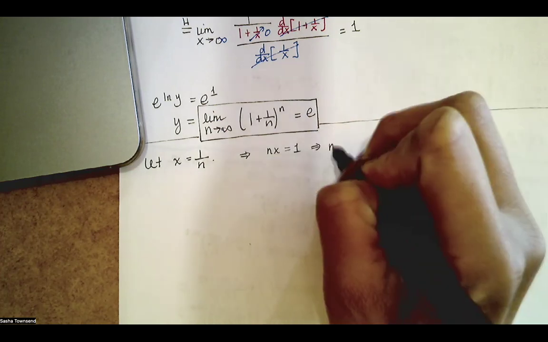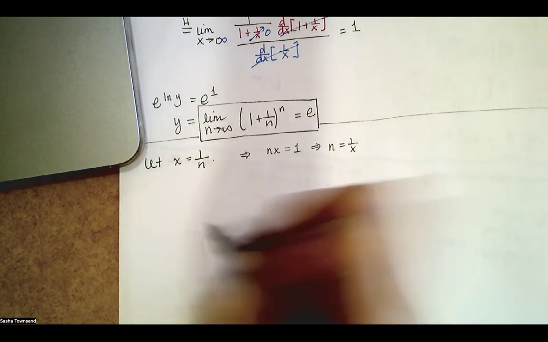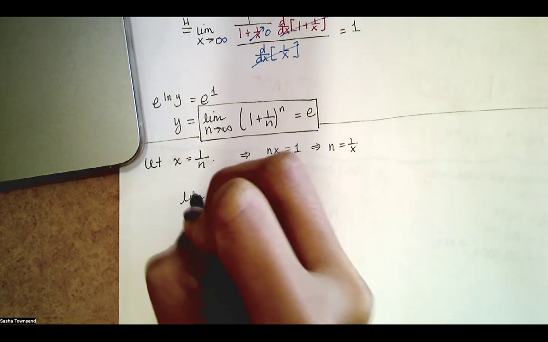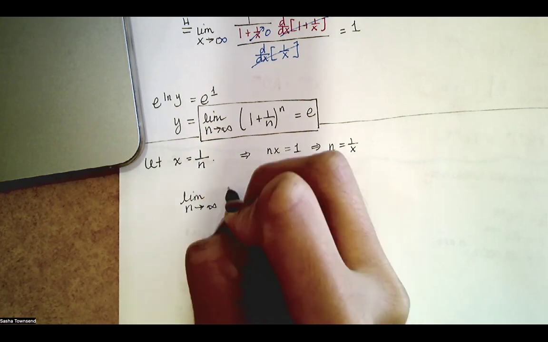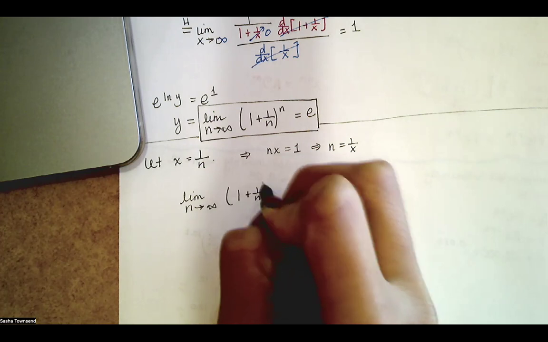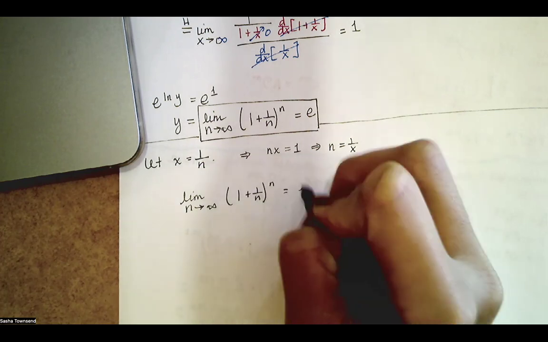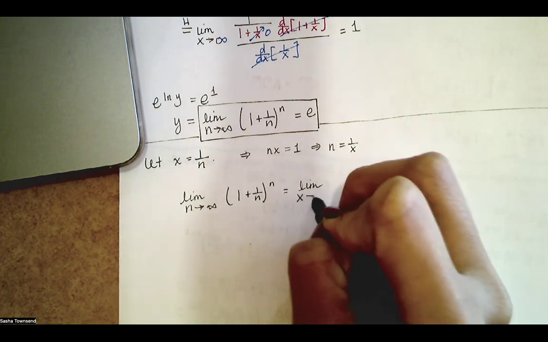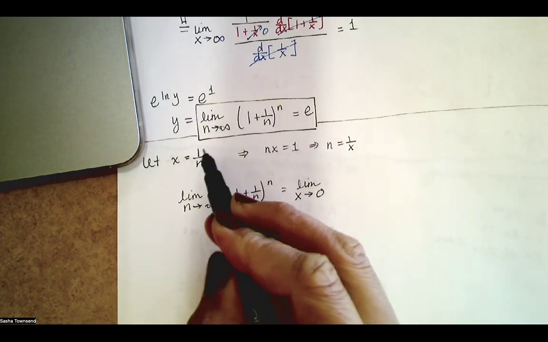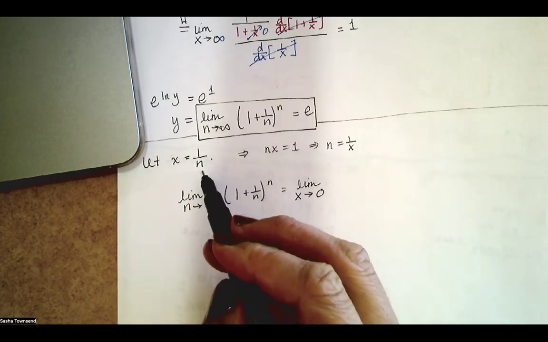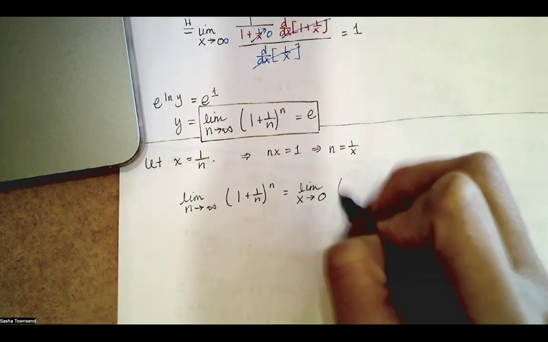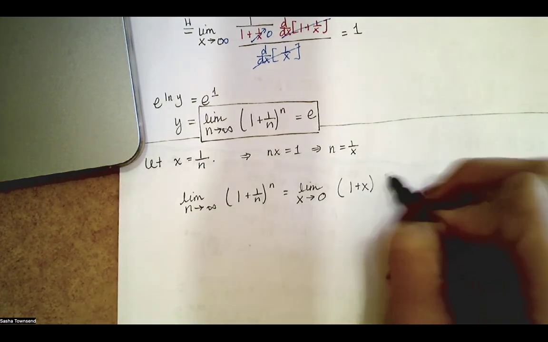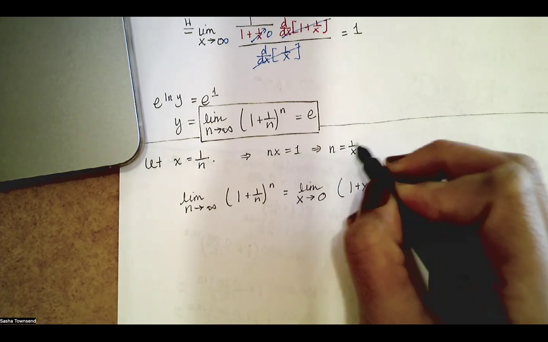So n is equal to 1 divided by x. And then the limit as n goes to infinity of 1 plus 1 over n raised to the n is equal to the limit as x approaches 0, because as n goes to infinity, 1 over n goes to 0, of 1 plus x raised to the n, but n is 1 over x.